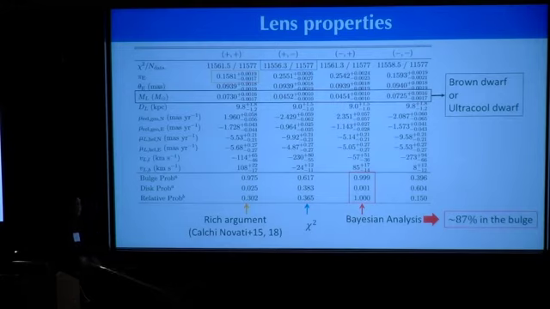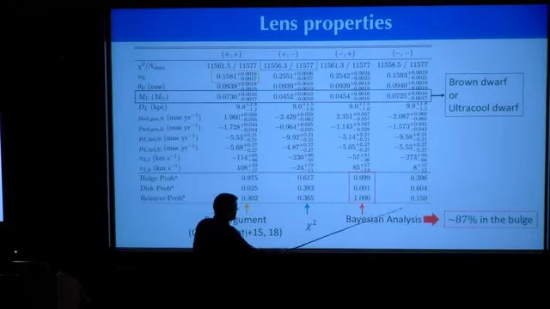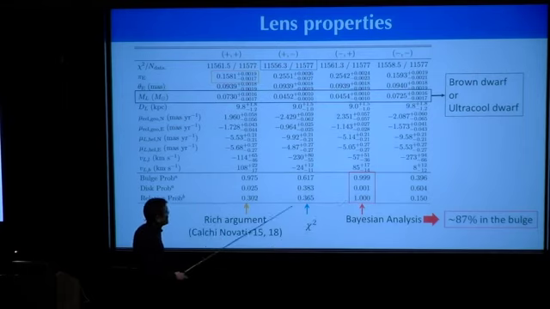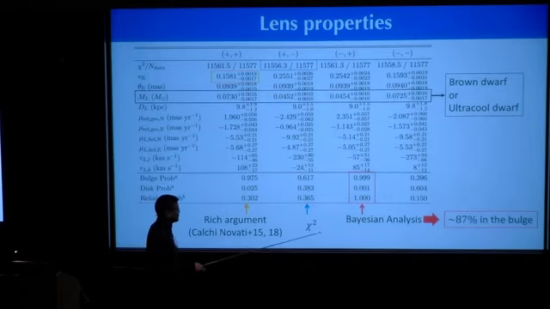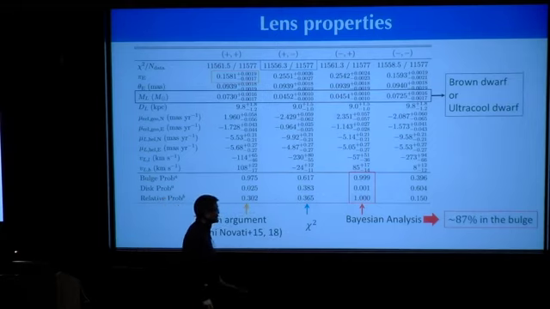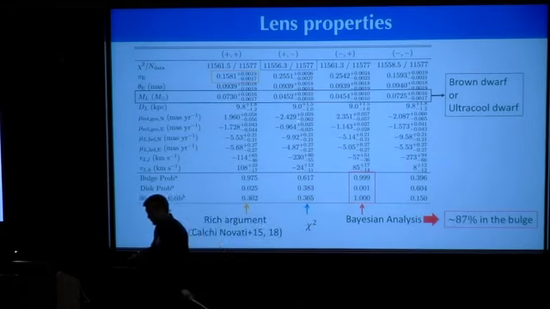We can obtain the probabilities of the lens being in the bulge and in the disk, and these models also give the posterior probabilities of these various models. So in fact, this model, the minus plus solution, is preferred by the posterior probability. If you weigh the bulge and disk probabilities by the posterior probabilities, you find that the lens is quite likely to be in the bulge with more than 80% probability.